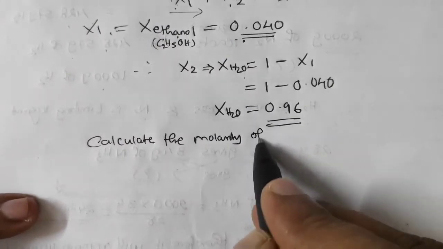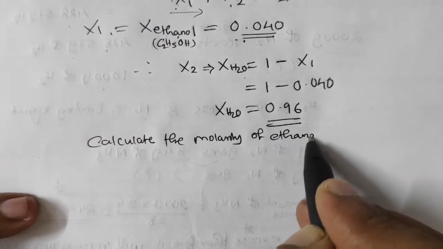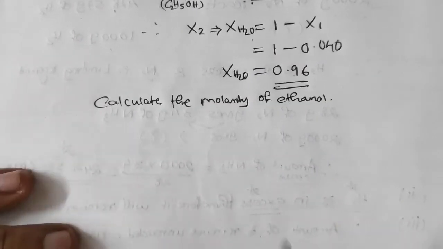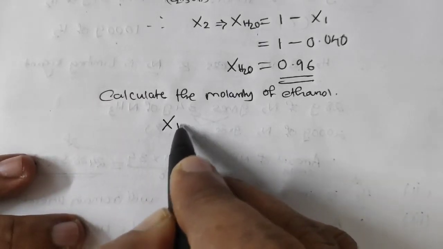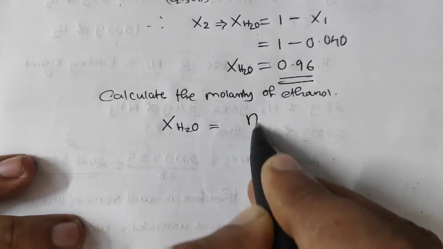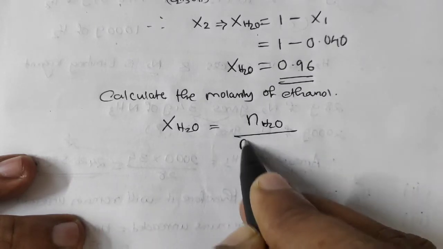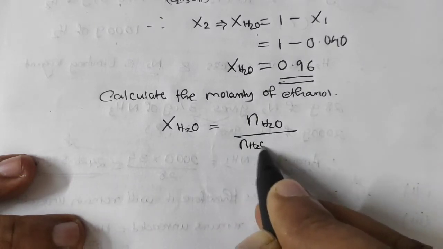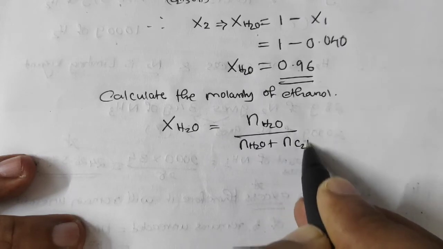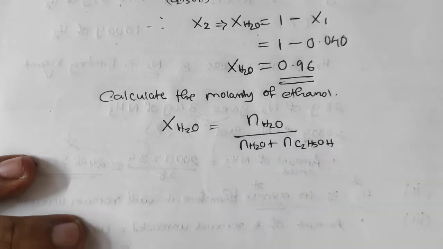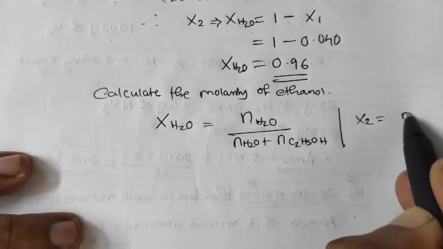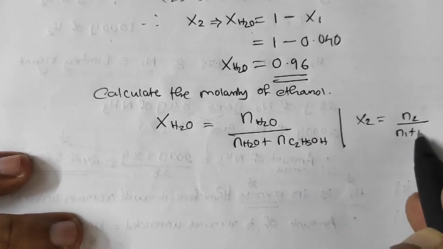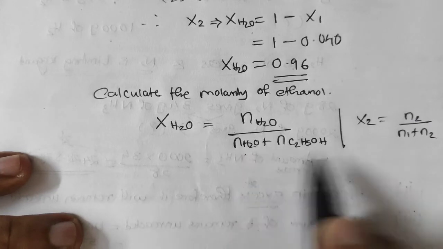First of all we know the formula: mole fraction of water is equal to moles of water upon moles of water plus moles of C2H5OH, that is ethanol. If you remember, x2 is equal to n2 upon n1 plus n2, but I have written n2 first.